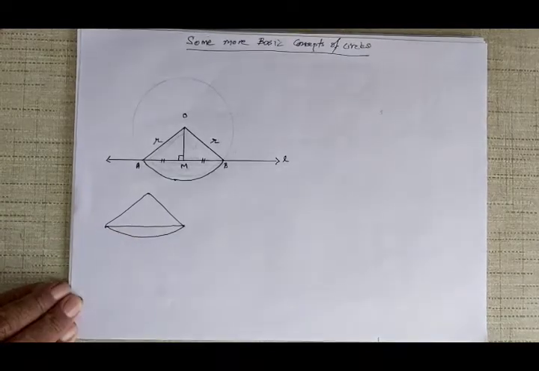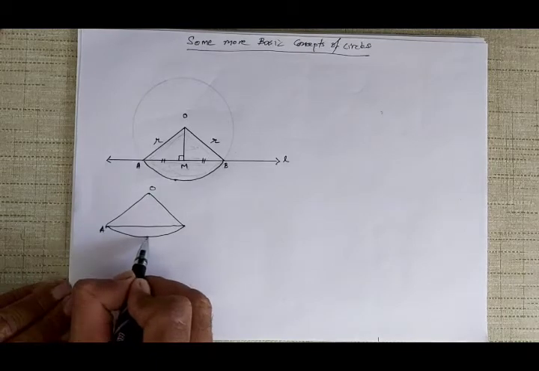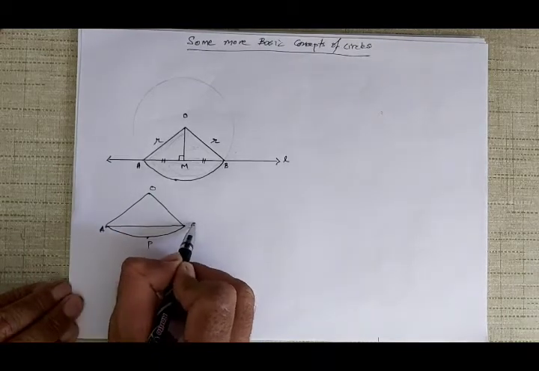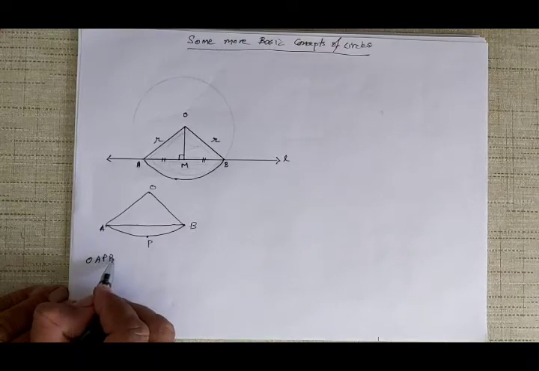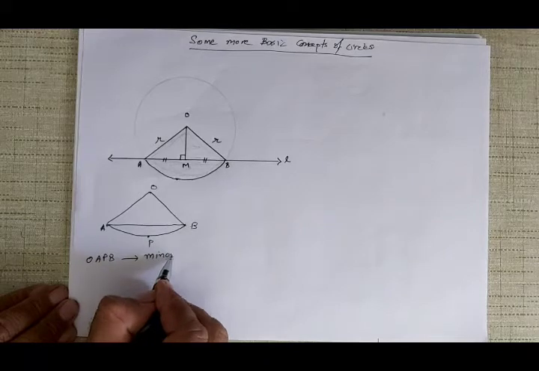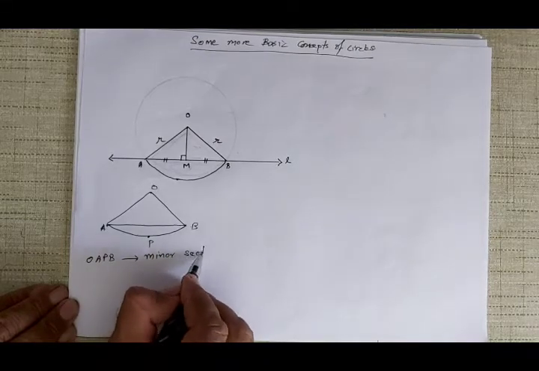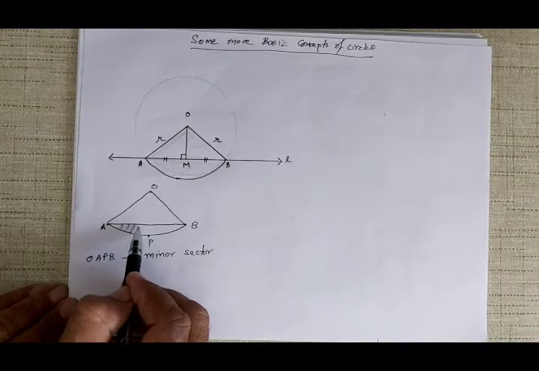Suppose this is your point O, this is A, this point P, and this is B. Then O, A, P, B is called a minor sector of the circle.